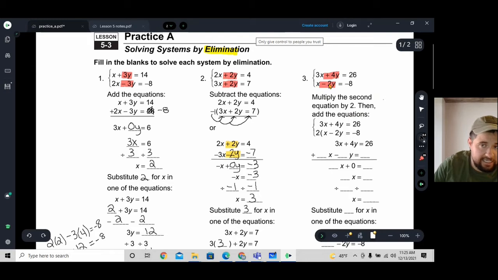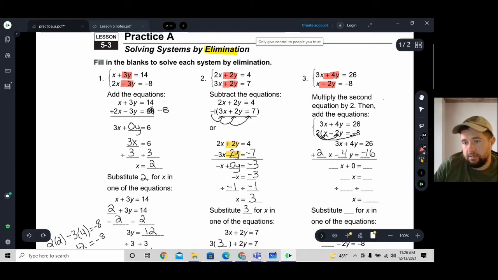So I'm going to take this bottom equation and multiply it by 2, and that's going to carry throughout the entire equation. So now we're going to have 2x minus 4y equals negative 16.